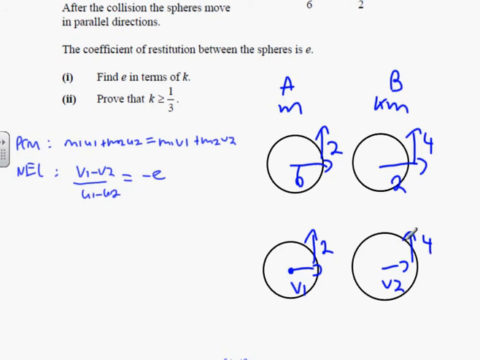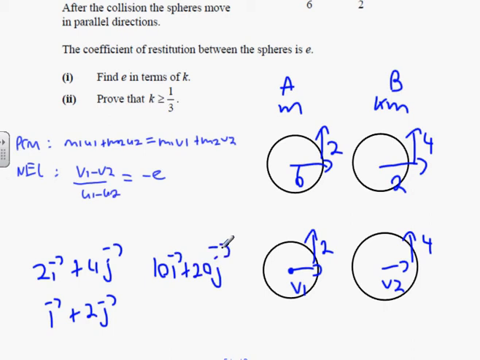I'll give you an example of two vectors that are parallel to each other: 2i plus 4j is parallel to 1i plus 2j, is parallel to 10i plus 20j. Does everyone understand what's happening there? It's just a ratio. It's the tan of the angle, basically, opposite over adjacent.